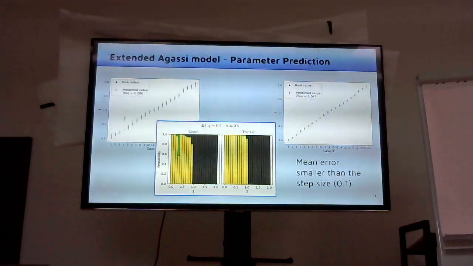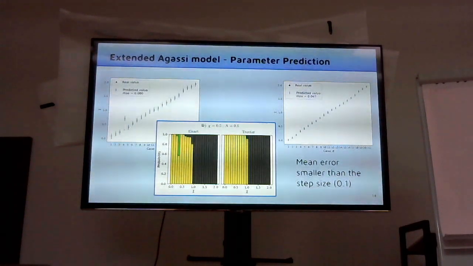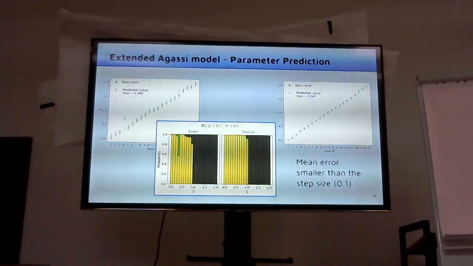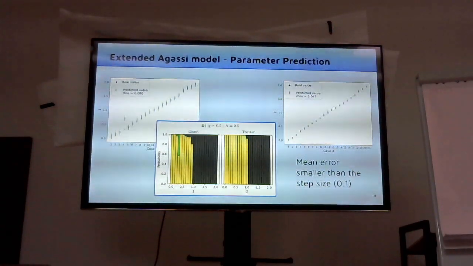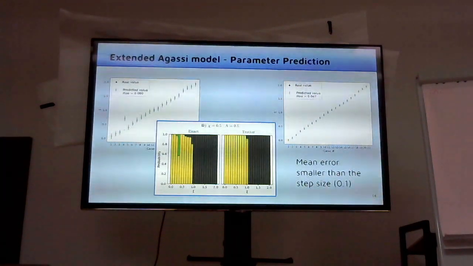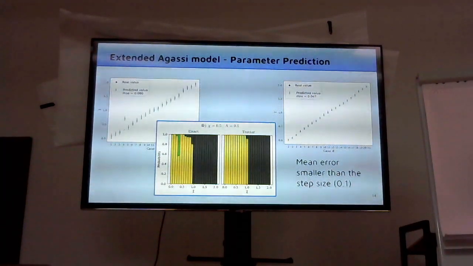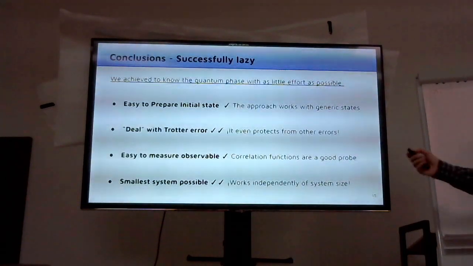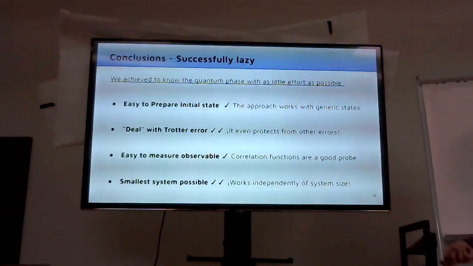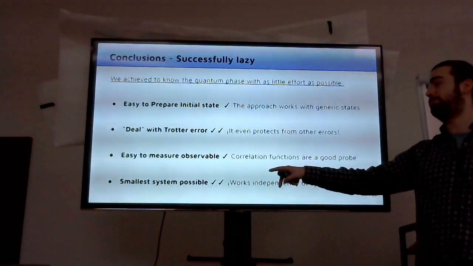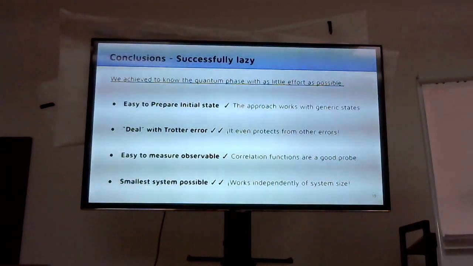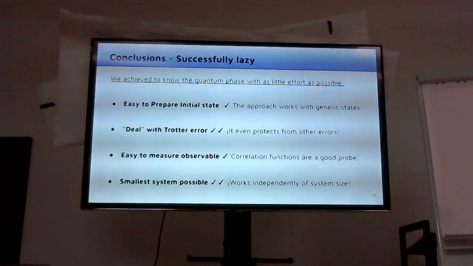So in cases where you can change the parameters, but you don't have a super well-defined quantum simulator where you know exactly how much you are changing one parameter by changing this laser or this other laser, it can give you that information too. Well, that's the main idea. So we try to be lazy. I need to think about this correlation function thing, because I was told that was easy to measure, so I didn't look into that.